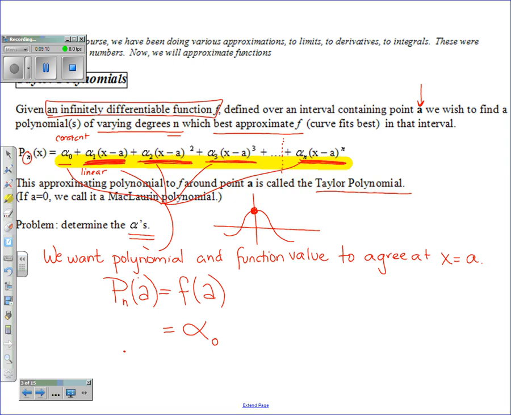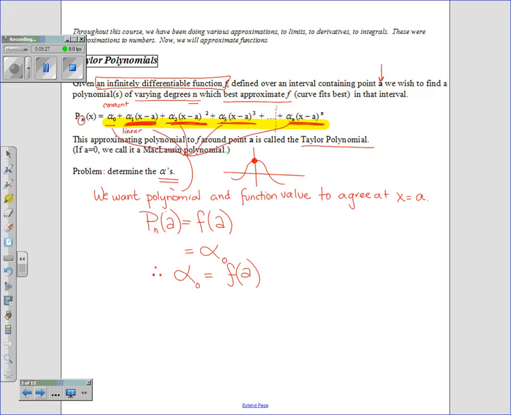So therefore, alpha naught will equal f of a. Okay? Alpha naught equals f of a. Well, all we need to do now is find all of those other terms. Let me erase some of this so that it's clear.